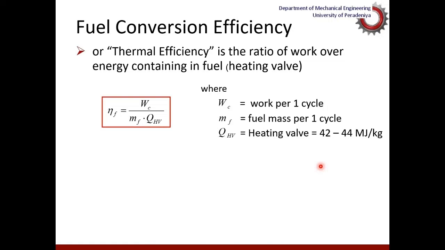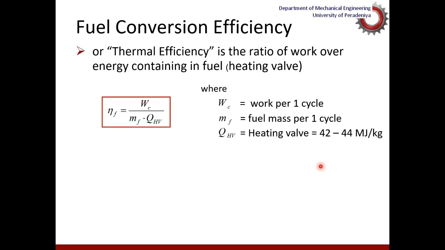The fuel conversion efficiency, which is also known as the thermal efficiency, gives us an indication of how good the engine is in converting the chemical energy in the fuel to useful work. It is computed by dividing the work produced per cycle by the amount of energy released by the fuel during that cycle.